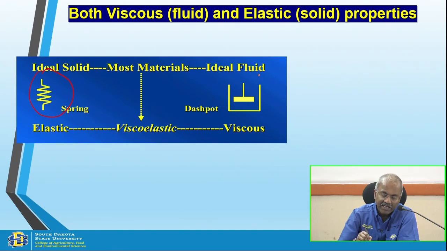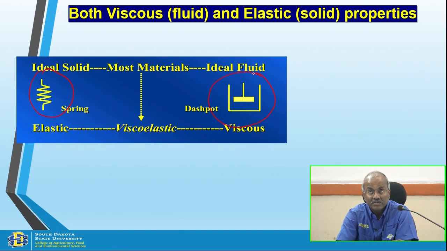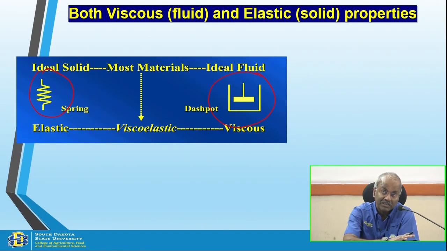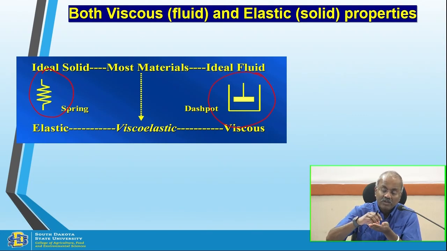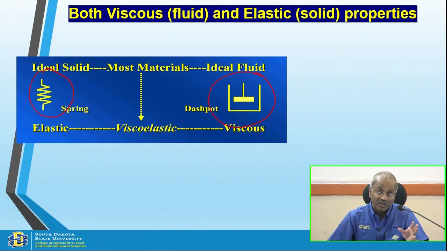And then the ideal fluid is a dashpot. The dashpot is analogous to the spring component. Spring is elastic, dashpot is viscous. So, when you have a spring, you load the spring, and when you unload it, it comes back. All the energy you put in is recovered in the elastic component.